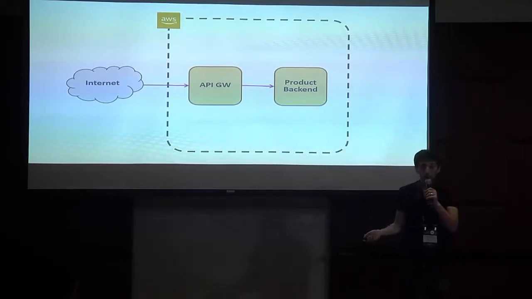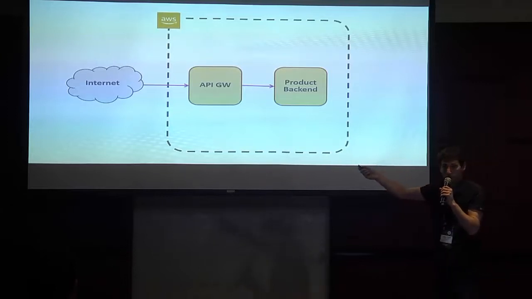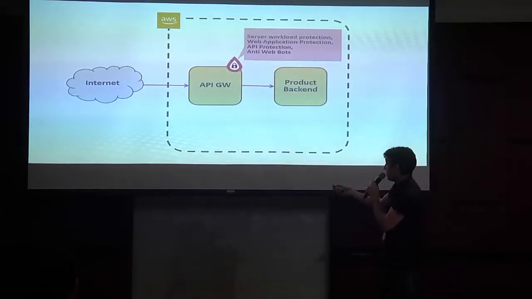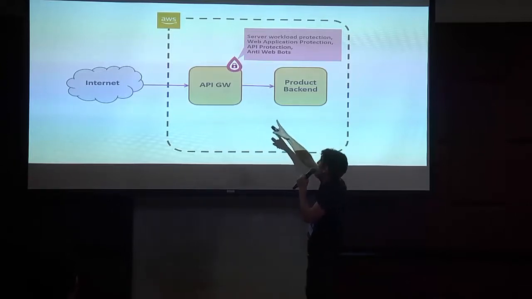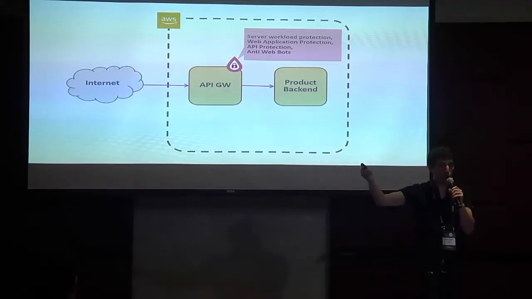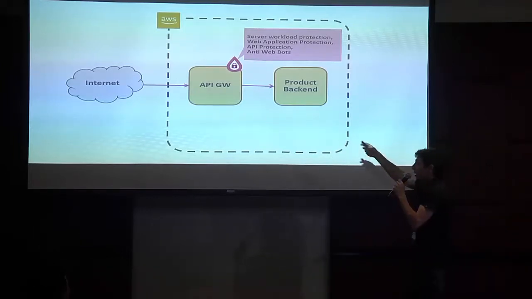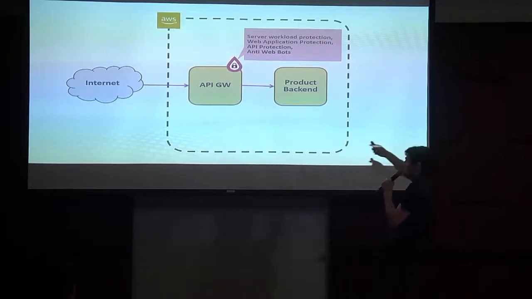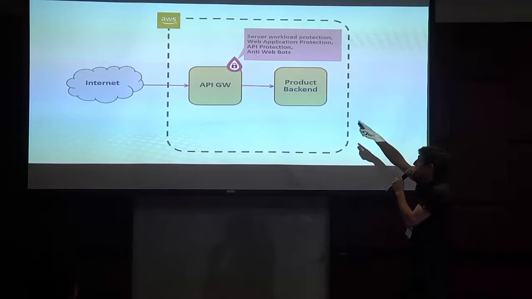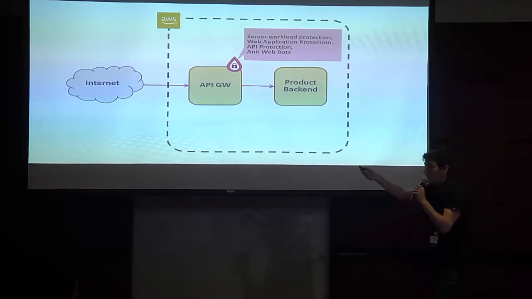Now, we want to protect this. So how do we do that using the rules and the management model that we discussed before? We want to install an agent here on the API gateway, and it can create all sorts of security on the traffic that flows through this environment, and get server workload protection, web application and API protection, and anti-web bots.